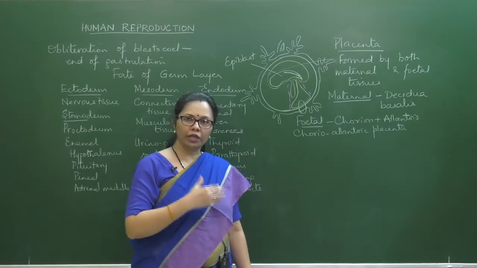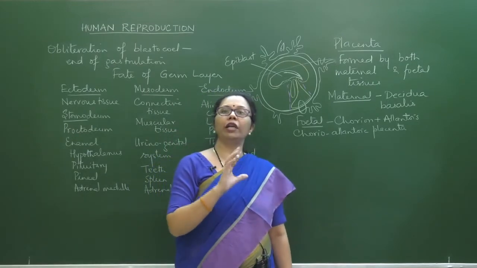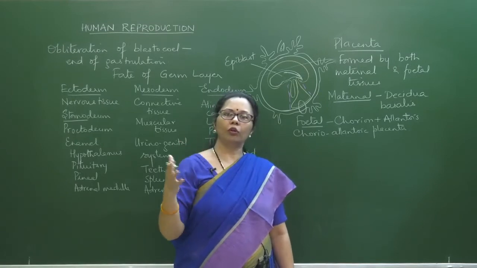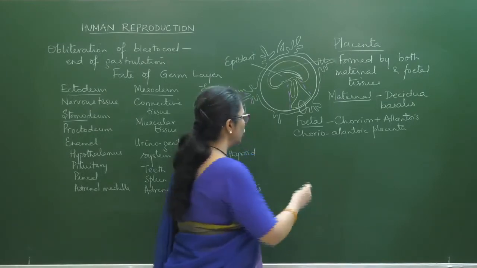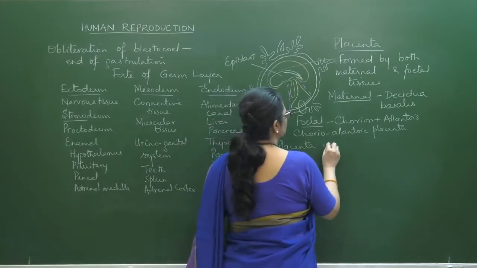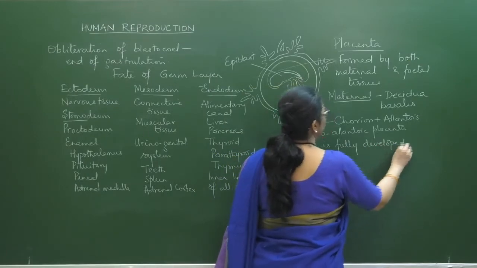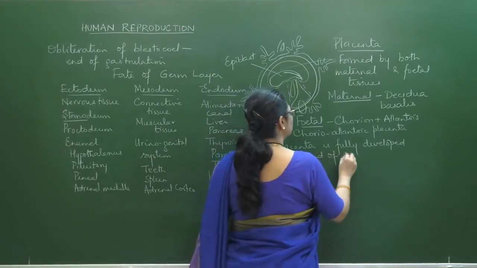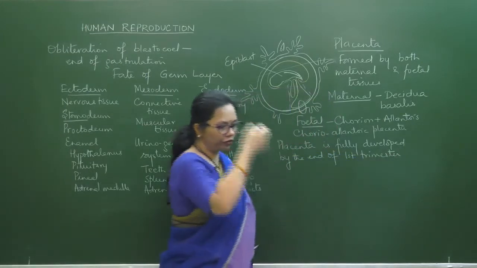So of course it begins, but the proper, fully developed placenta develops by almost the first trimester, that is the 3rd month of the pregnancy. Placenta is fully developed by the end of first trimester.